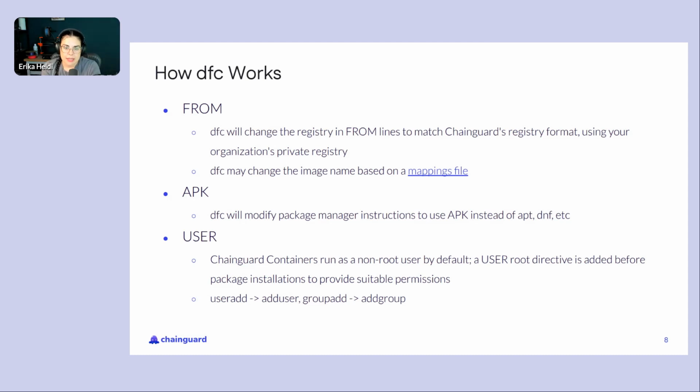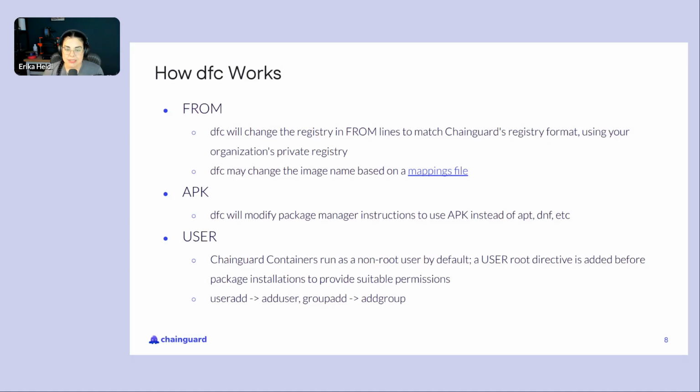DFC will detect those instructions and convert to use APK. Some packages also have mappings because they can have a different name, so the mappings file also serves to convert the package to the right name in Wolfi and Chainguard OS.